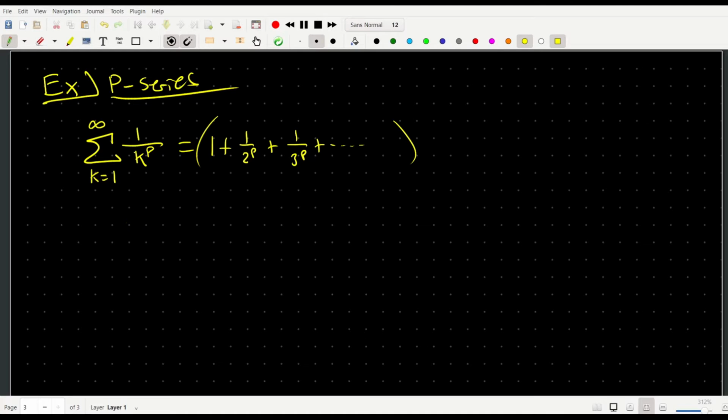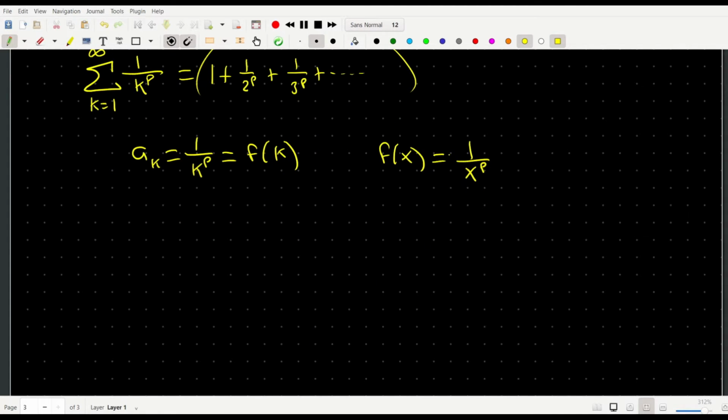So the integral test here is we have a_k is 1 over k to the p, which means that the function of x that is generating all of the terms in this series is 1 over x to the p, which is just like the function 1 over x, a positive, decreasing, continuous function. And this is why we can use this in the integral test.